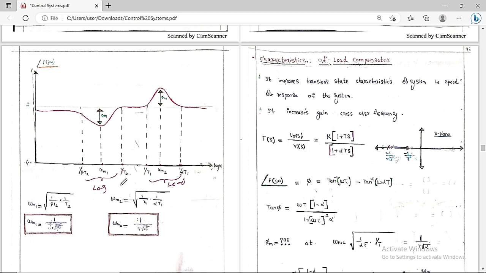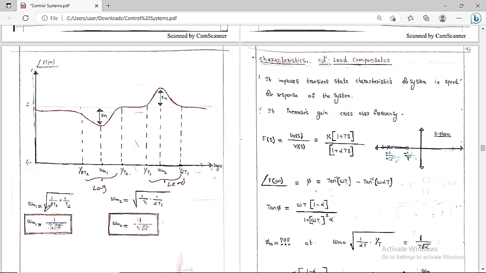Therefore, I can easily say in the lag compensator, the phase angle is negative, so the output is going to lag the input. In the case of the lead compensator, the phase angle is positive, so the output is going to lead the input. Therefore, the maximum phase shift we are going to get is at a frequency which is the geometric mean of the cutoff frequencies.